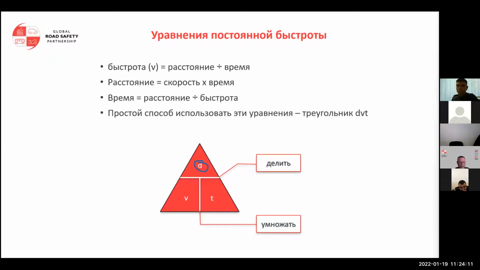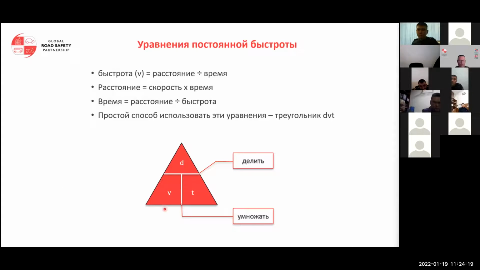If I want to calculate velocity, V equals distance divided by time. That horizontal line means divided by.